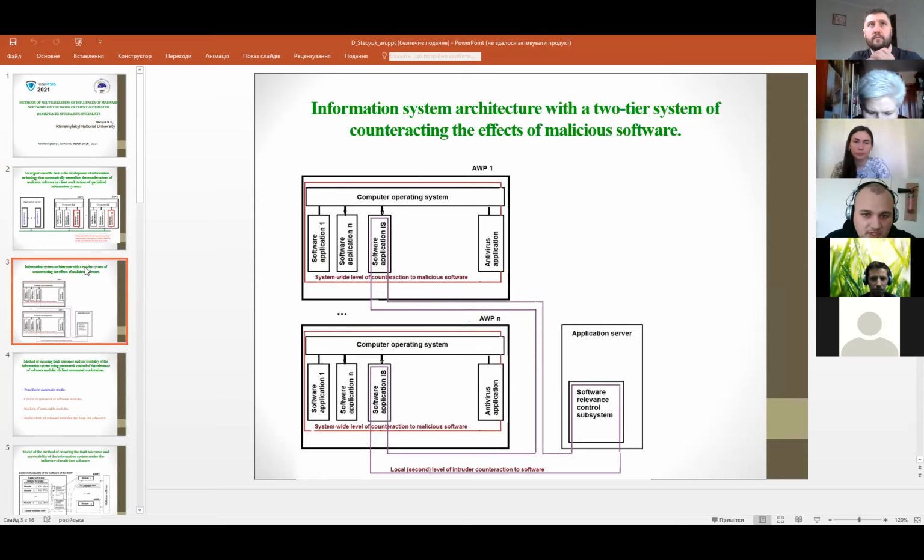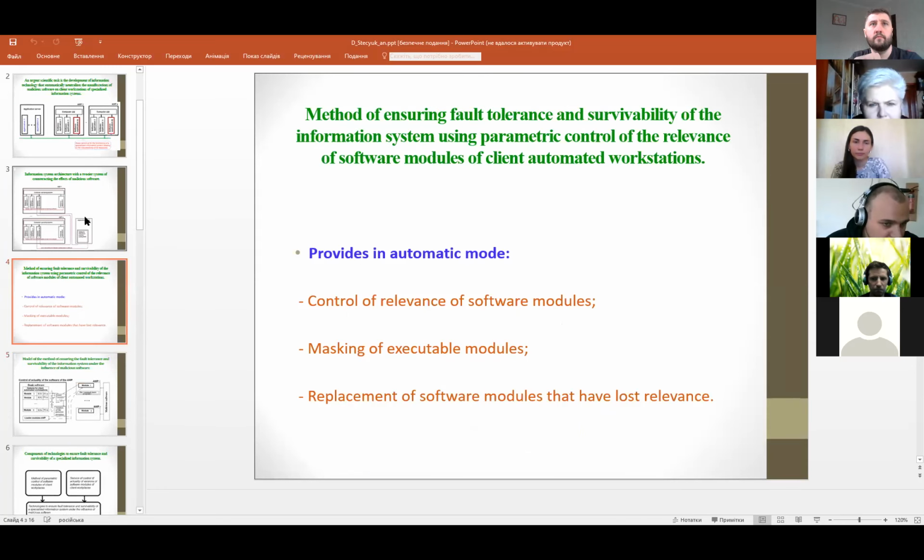Information system architecture with a two-tier system of concentration of the effects of malicious software, as you see in the picture. Method of ensuring fault tolerance and survivability of the information system using parametric control of revelations of software modules of the client automated workstation.